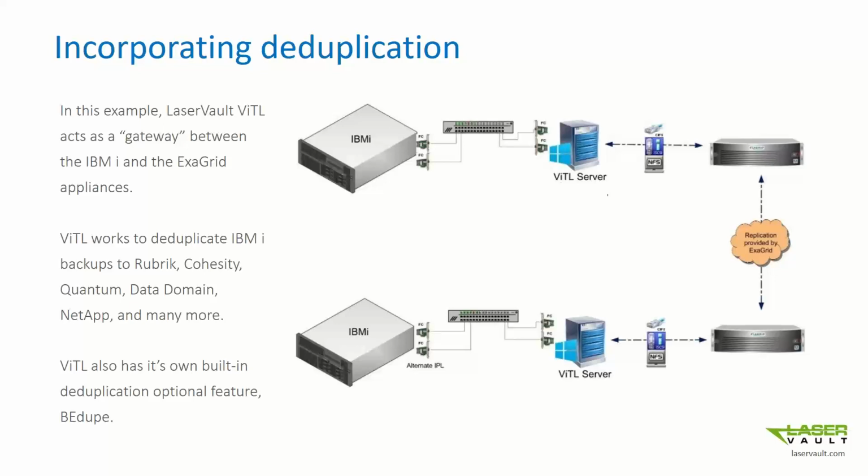So if you're already looking at any deduplication backup appliance for your open systems backup, think about using it also to leverage for your IBM i backup storage, because LaserVault, as a gateway solution, which is just the VTL interface to your IBM i, can connect to that storage, including any IBM storage that you might want to utilize for your backups.